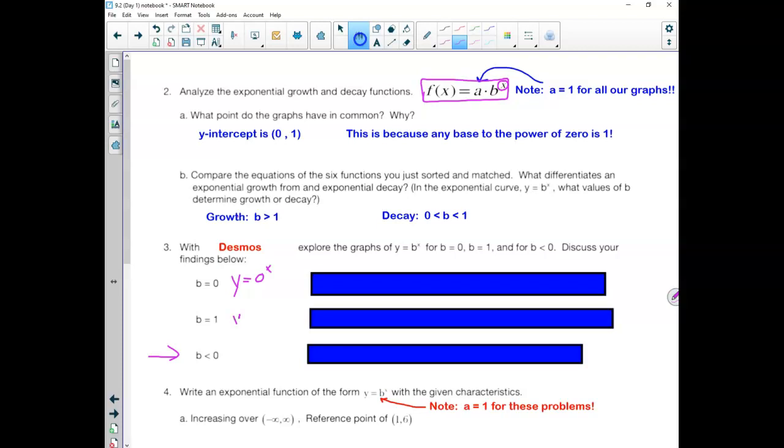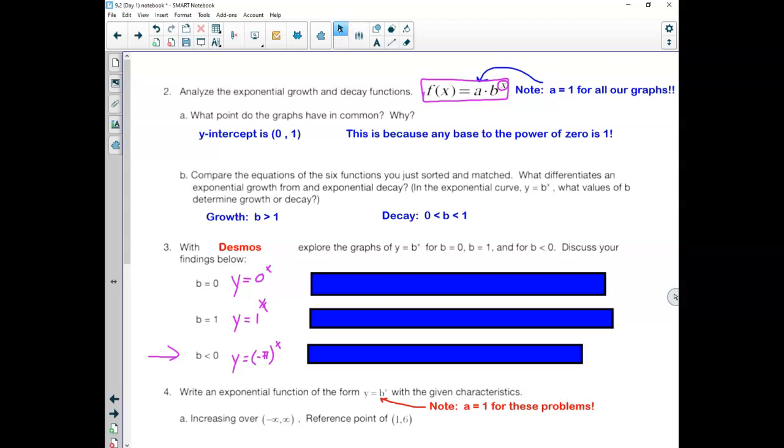I want you to look at y equals 1 to the x. And I want you to look at y equals any negative number raised to the power of x. Graph them all in the same window, each in a different color, okay? And tell me what you see, and explore those graphs, and we'll discuss our findings down here in just a second.